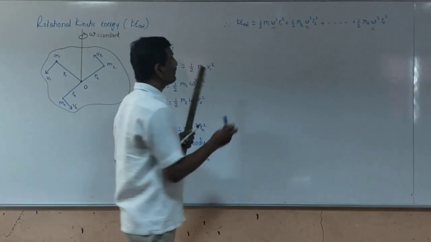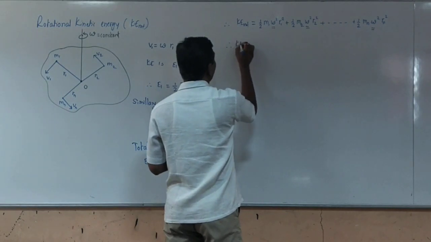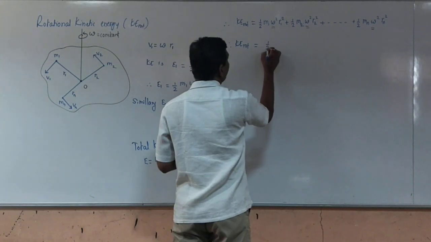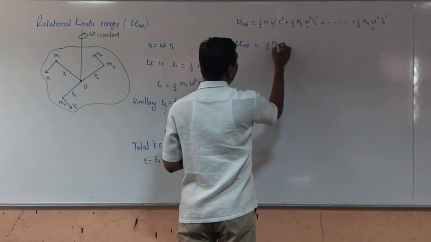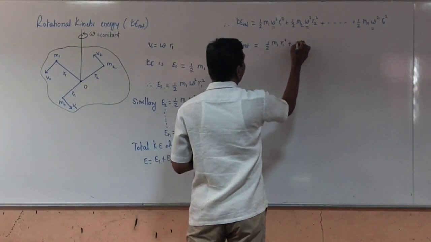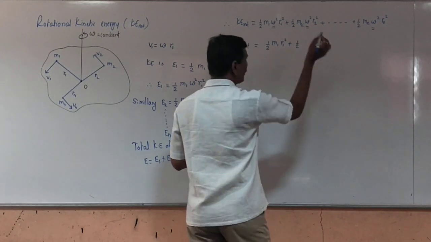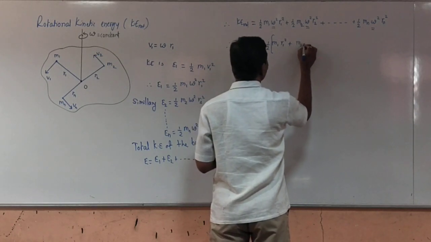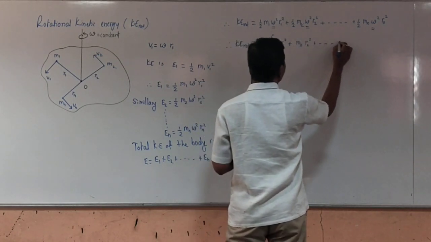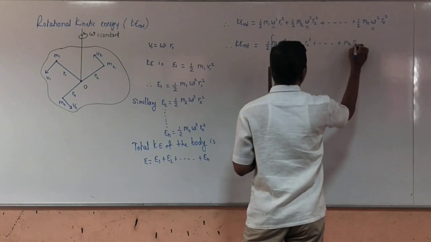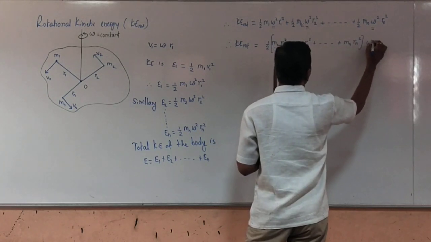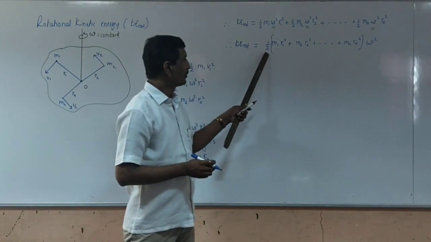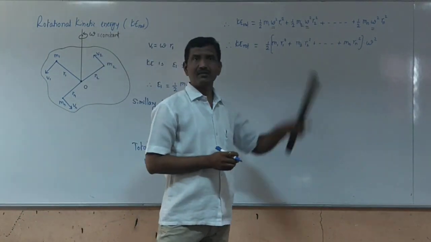So when we take omega square common here, we get rotational kinetic energy is equal to 1 upon 2, also taken common, into the bracket m1 R1 square plus m2 R2 square plus dash plus mn Rn square, and omega square after the bracket.